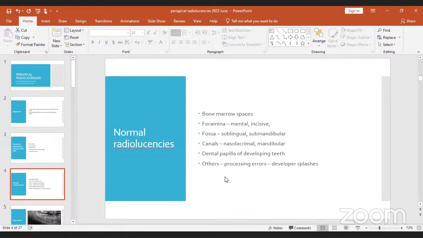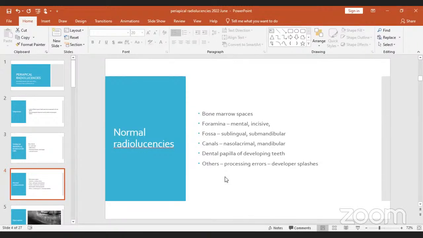Amongst the normal radiolucencies that you may come across when you're looking at radiographs would be the bone marrow spaces, the foramina, such as the mental foramen and incisive foramen, and different fossae like the sublingual fossa or submandibular fossa.